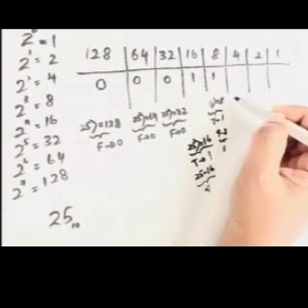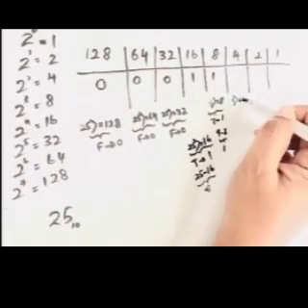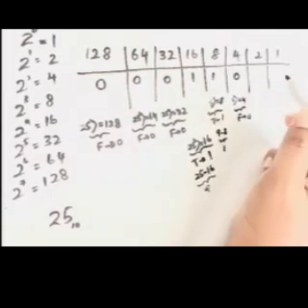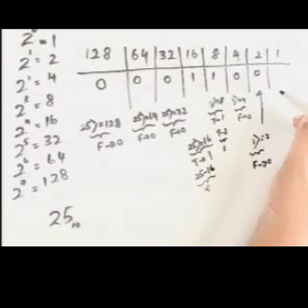Next I'm going to see if 1 is greater than or equal to 4. The condition is false, so this becomes 0. Then 1 is greater than or equal to 2. Again the condition is false, so that means 0.